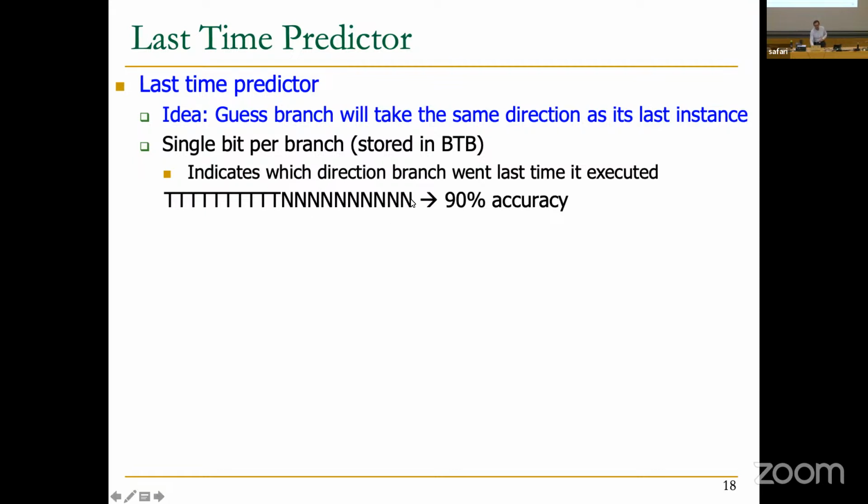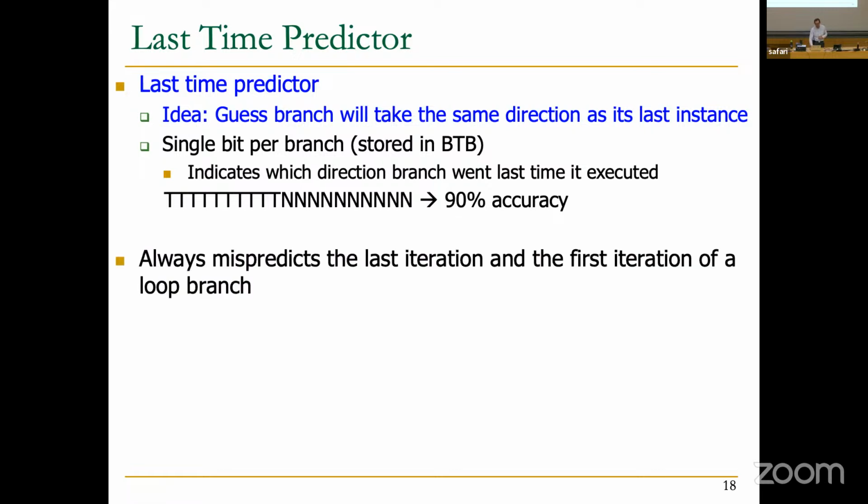So whenever you switch from not taken to taken over here, you mispredict this instance also. Okay. So if you execute this branch in the steady state, you will get 90% accuracy. Makes sense, hopefully? In other ways of putting it, this always mispredicts the last iteration and the first iteration of a loop branch, if you will. This is not necessarily a loop branch, but a loop branch is taken if you keep iterating in the loop, and not taken if you get out of the loop.